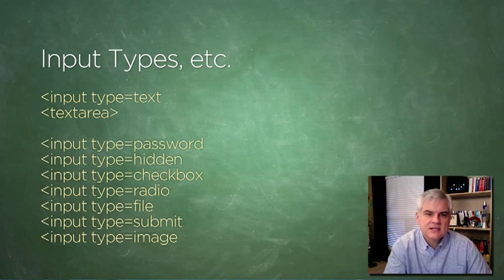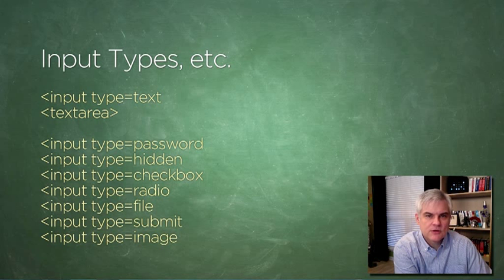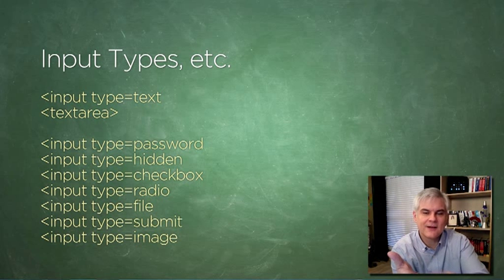Here's a complete list. The ones that we haven't looked at are input type equals password, hidden, file if you want to upload or allow a user to upload a file. There's some work that has to be done on the server as well to accept the file, but creating the ability for somebody to click a button and choose from a file picker off of their local computer which file they want to upload, that gives it that capability.